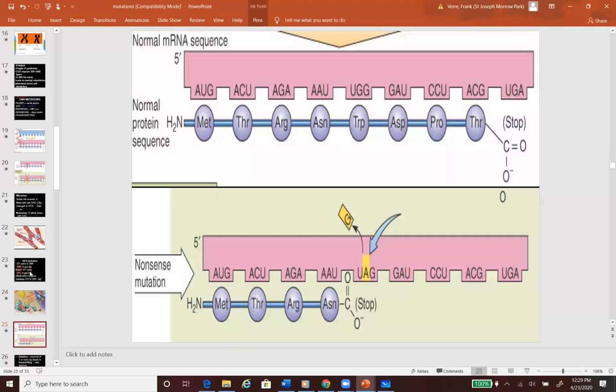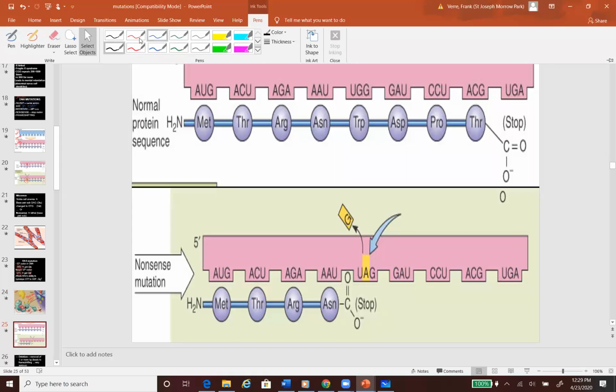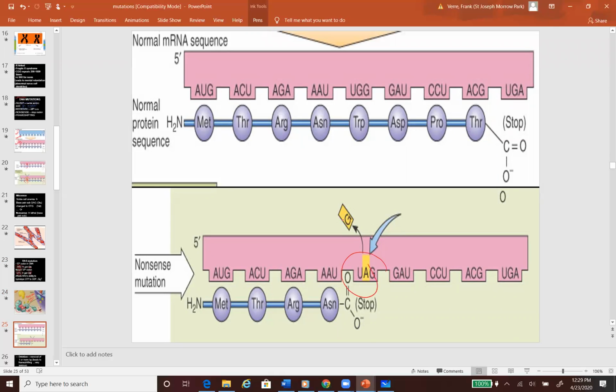The third type is a nonsense mutation. Now, what happens then is instead of a mistake in the first or second letter giving you a new amino acid, the mistake actually gives you a stop codon. You can see that's supposed to be UGG, right?